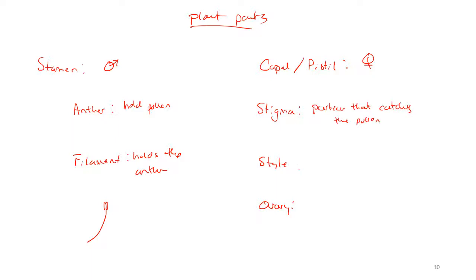And then down the style, we're going to see that this is where the pollen tube is. And this is just going to transport the pollen basically all the way to the ovary. And this is where fertilization occurs.